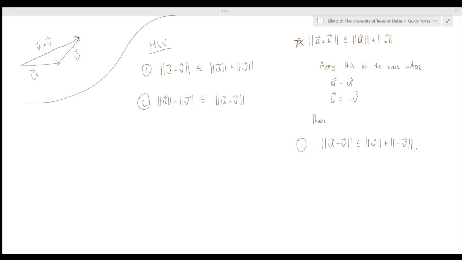All right, so I'll say just a little bit more about this formula that we've been spending some time with.